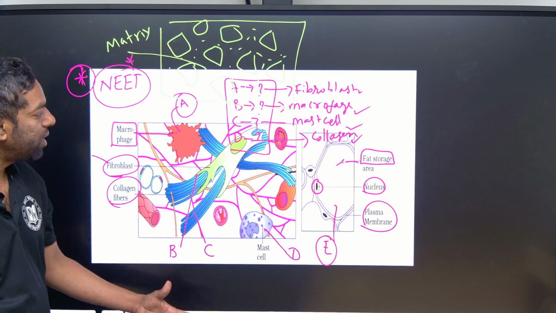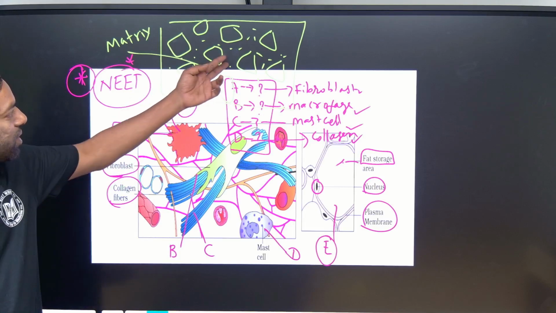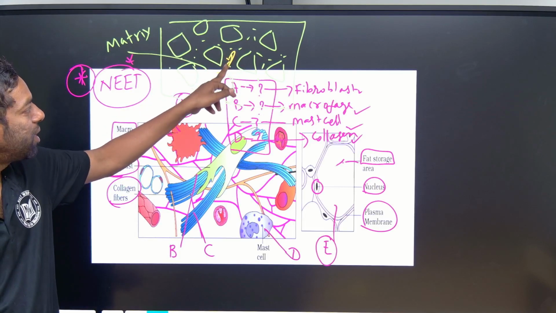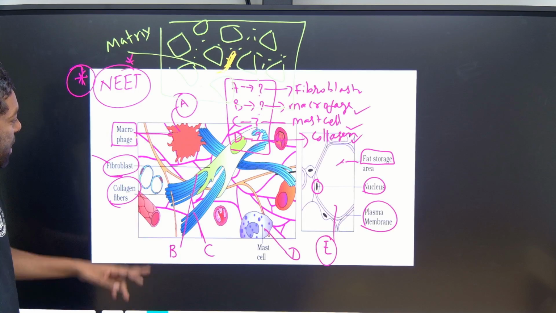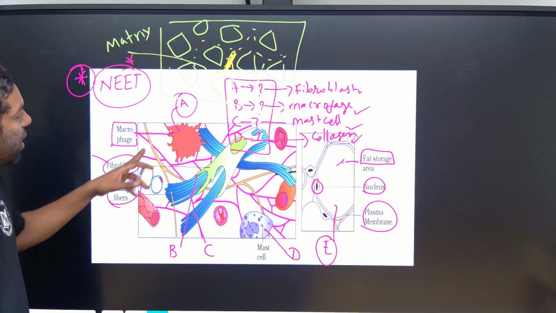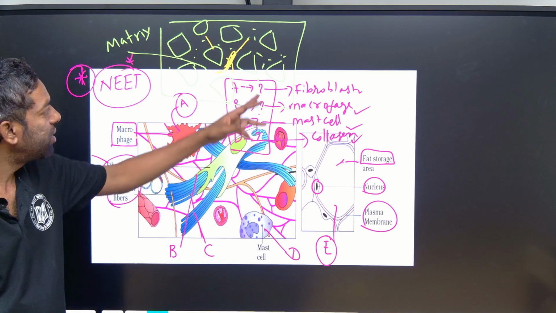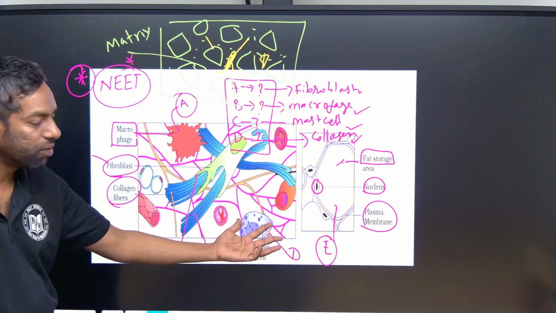This matrix has these cells: macrophages are there between the matrix, fibroblast cells are there, and collagen and mast cells also. They can give you this structure.